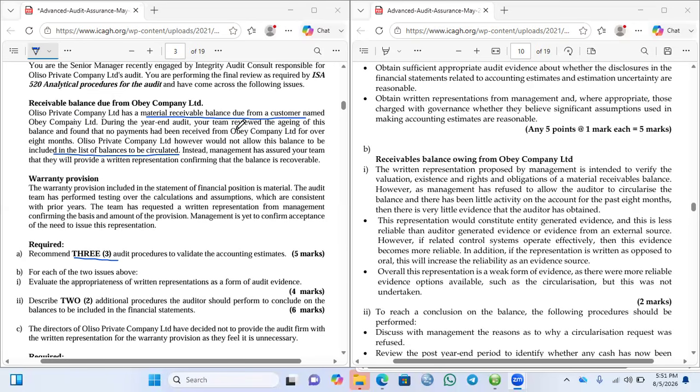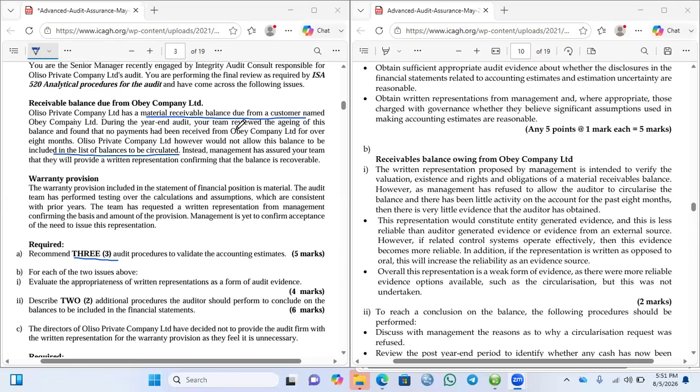Management is not willing to give the written representation, meaning that the amount has been paid. That's how I understand it. So the auditor now has little evidence to confirm that the amount is actually outstanding.